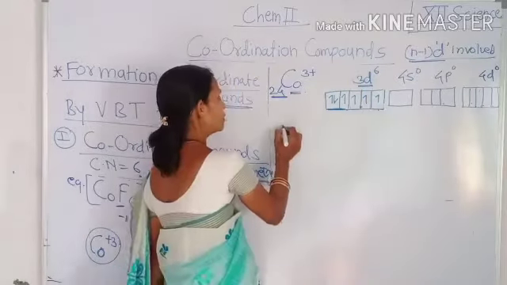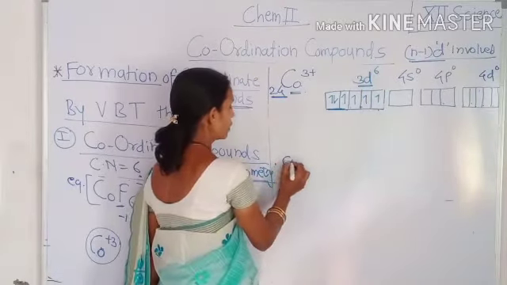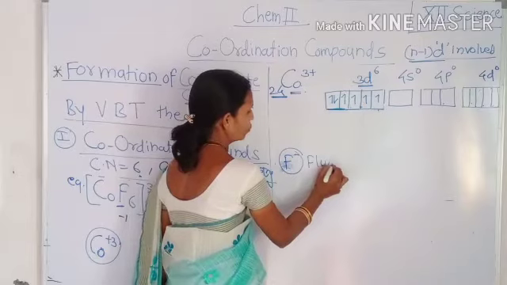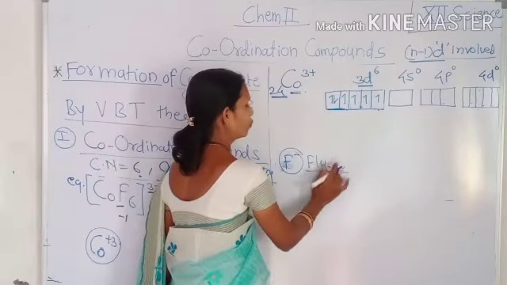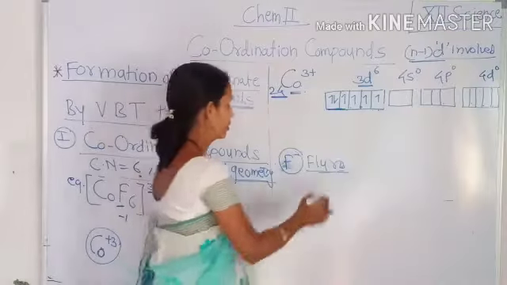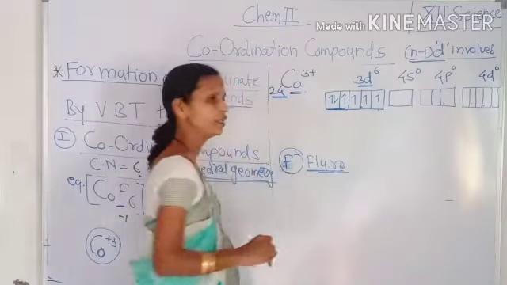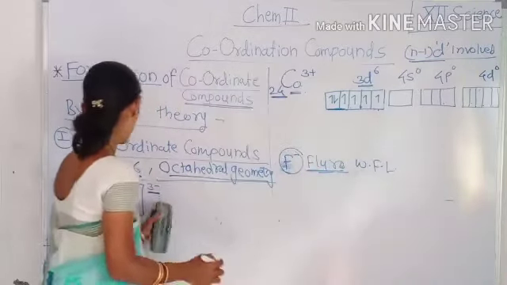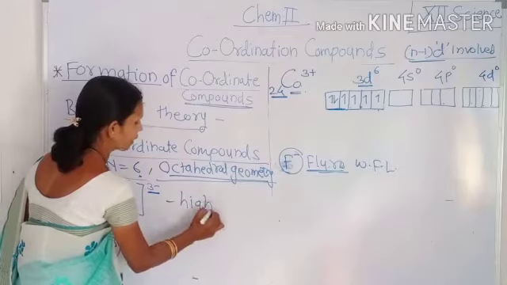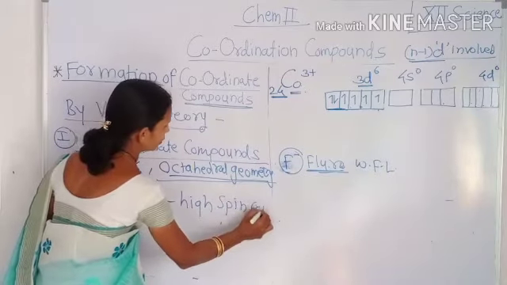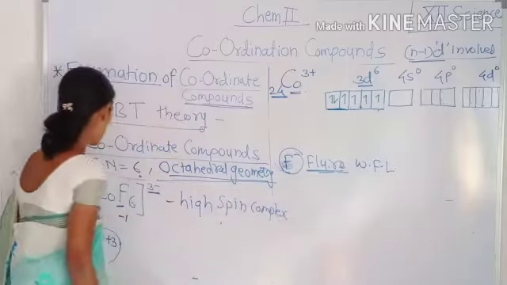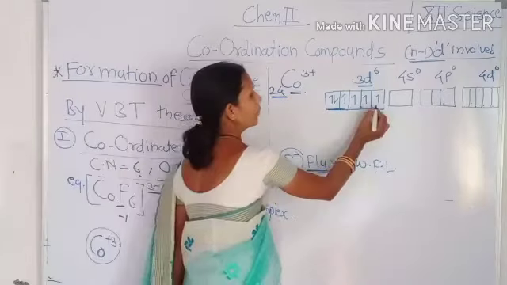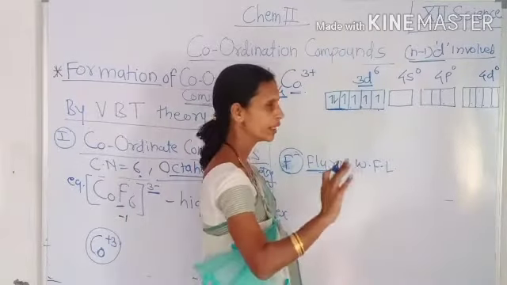Then, as here F minus, fluoro ligands are there, that fluoro ligand is a weak field ligand. Therefore, it forms a high spin complex. And as it is a high spin complex, the pairing of electrons does not take place.